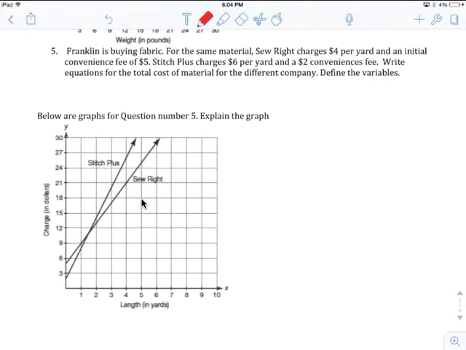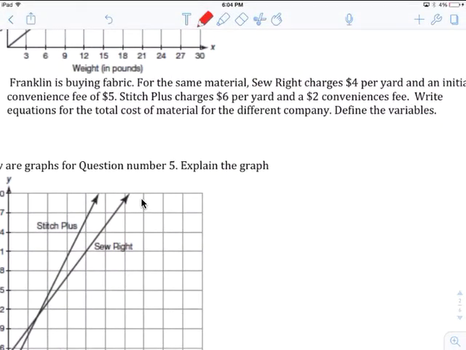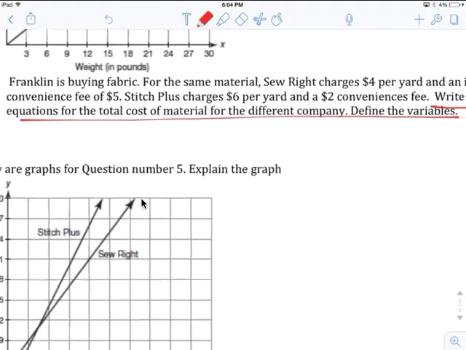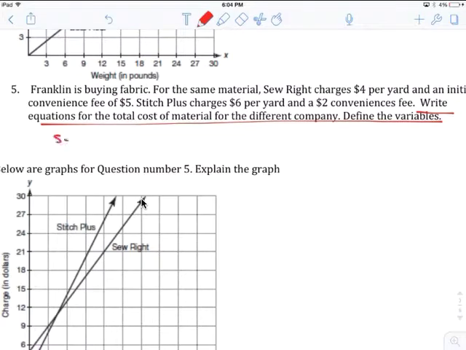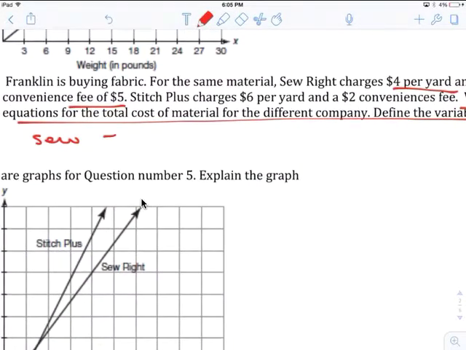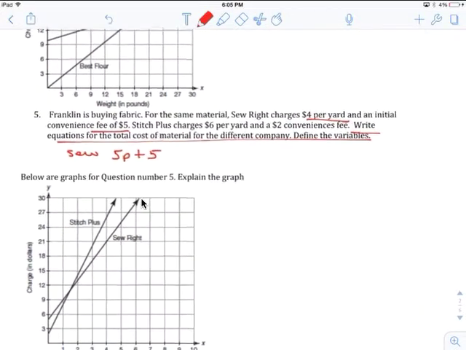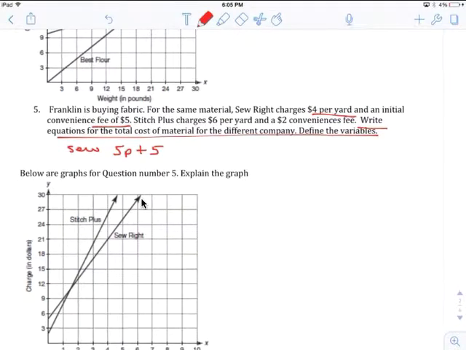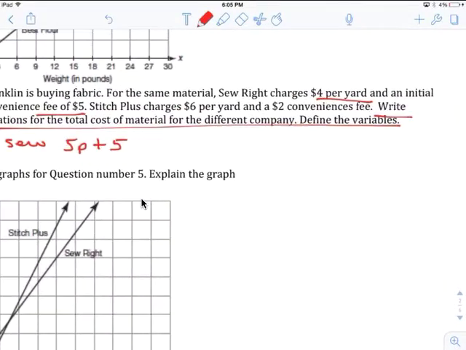Okay, when you're doing this, make sure you write an equation and define the variables. So it is $4 per yard, plus a convenience fee of $5. So it is 4p plus 5.